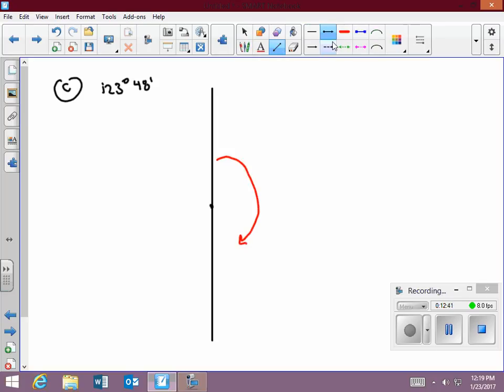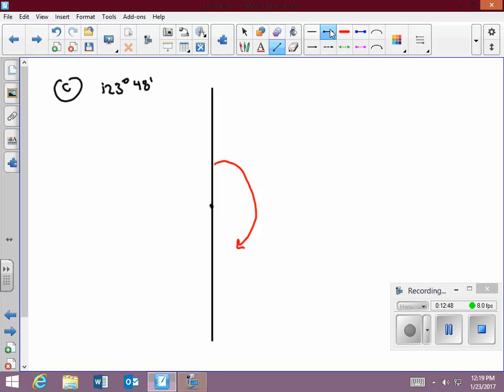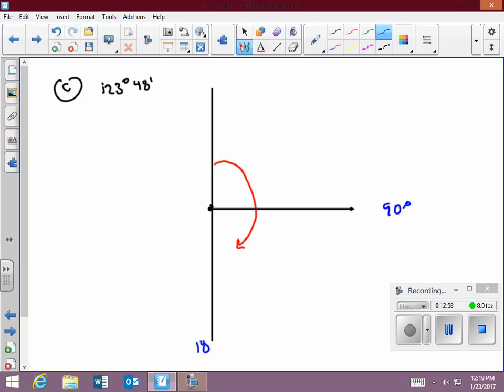So this is 90, this is 180, this is 123, 48, and that bearing.